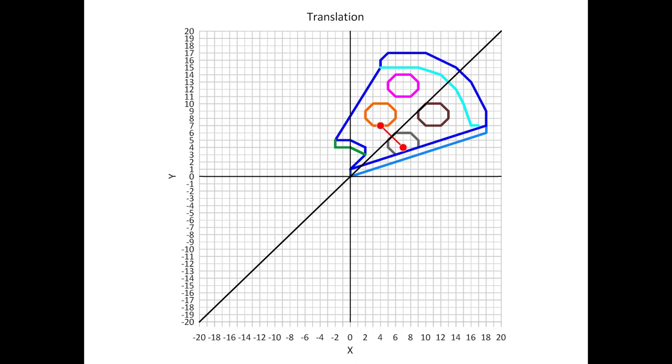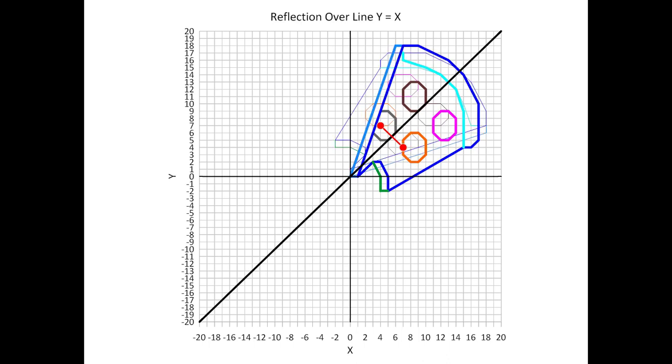If you look at the orange sausage and the magenta sausage, they go down below the line y equals x. Meanwhile, the gray sausage, along with the arbitrary point (7,4), and the brown sausage are going to go above the line y equals x. So you get a little bit of a mess, but if you remove the ghost, you can see the reflected image.